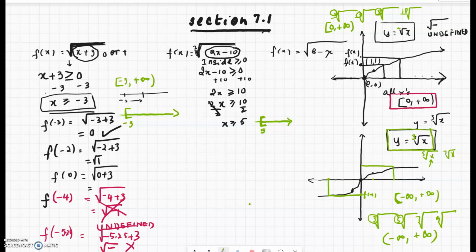So that is 5 to infinity. So we have x greater than or equal to 5. So the interval 5 onwards, which means greater than or equal to 5, works. So that is the domain of the function.